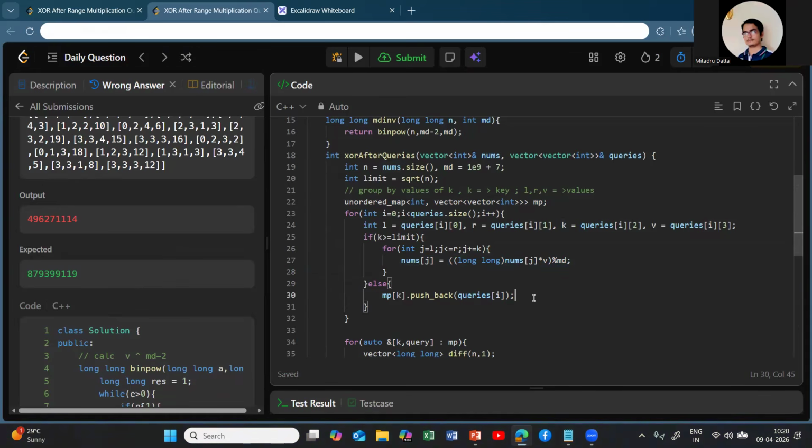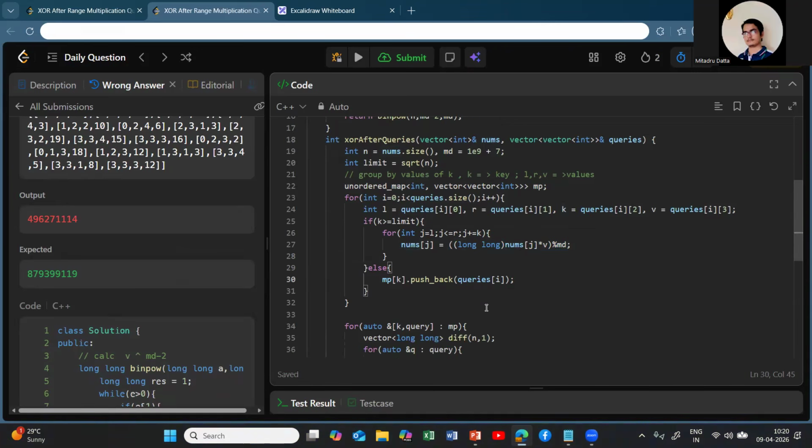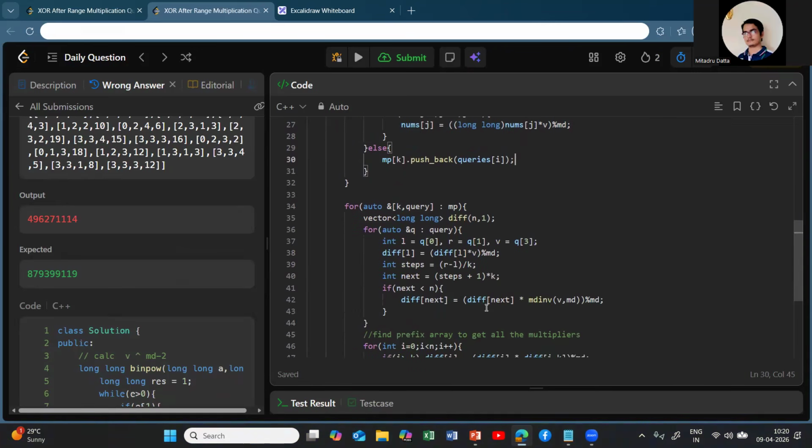Else, you push back the queries into your map, corresponding to the K. Now you take K, and for every query you extract only L, R, and V. Yeah, this is also particularly fine. At the position L you multiply value V, and you are taking steps of (R minus L) by K. That is also perfectly fine.